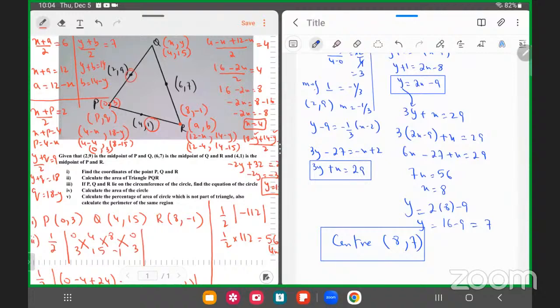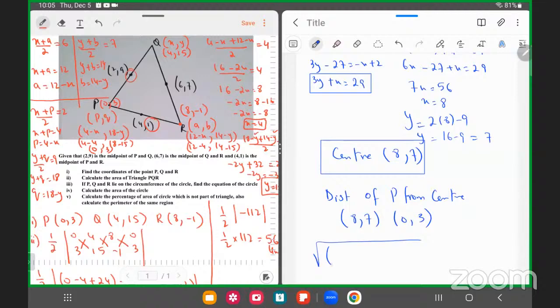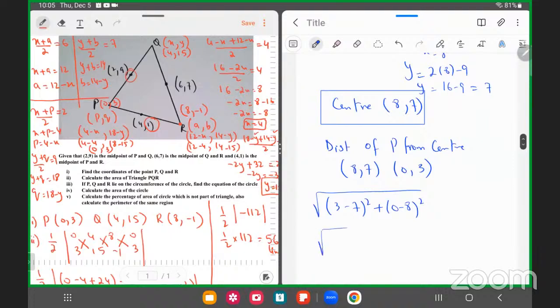Since I need to find the equation of the circle, I need the radius. And radius will be the distance from the center to any of the points. So distance of P from center, 8, 7 and 0, 3. Apply the distance formula: (3 minus 7) the whole thing squared plus (0 minus 8) the whole thing squared, 16 plus 64, under root of 80.